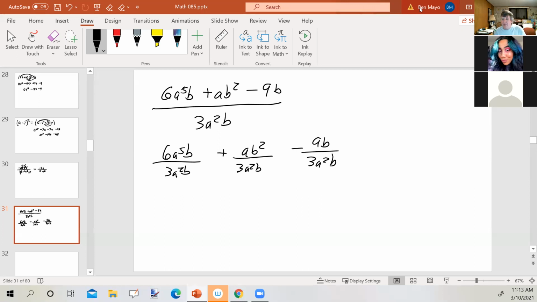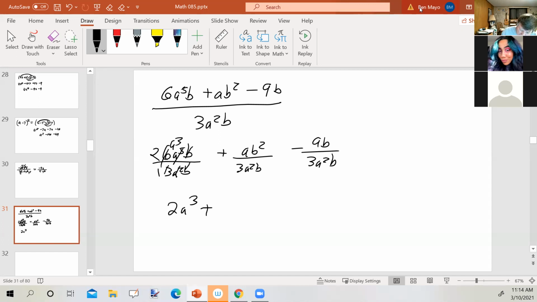We want to write our answer with positive exponents only. 6 over 3 is 2 over 1. A to the 5th over a squared is a cubed. B over b goes down to 1. So we have 2a cubed times 1, or 2a cubed.